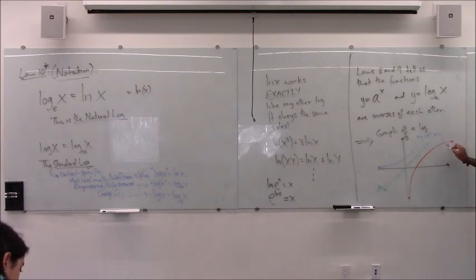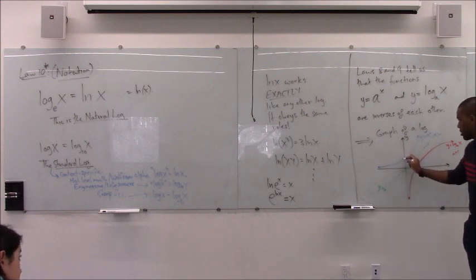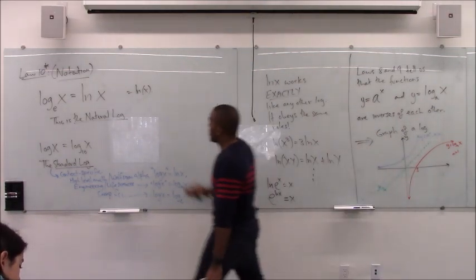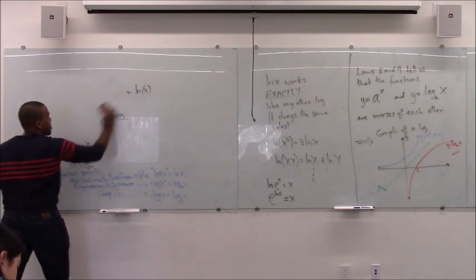So this is what the graph of y equals log to the base a of x looks like. It would also pass through 1 here, just like how that passed through 1. So that gives us the graph of a logarithmic function.